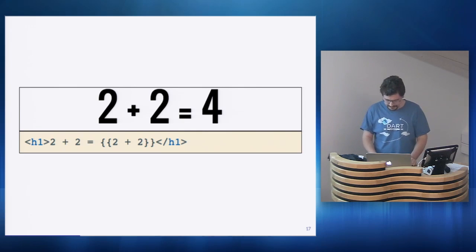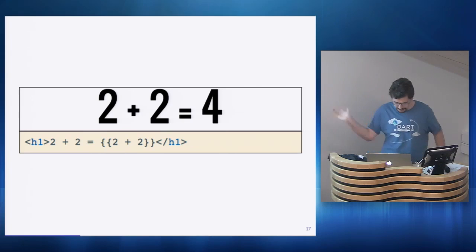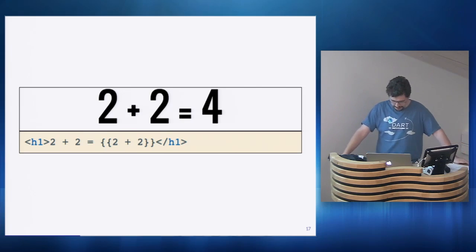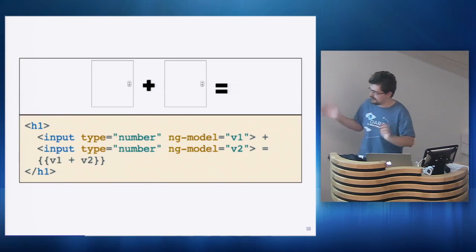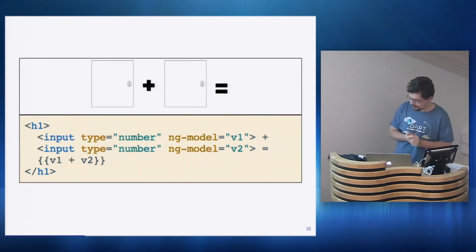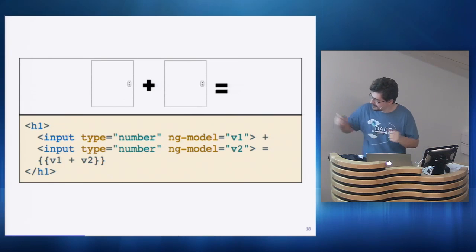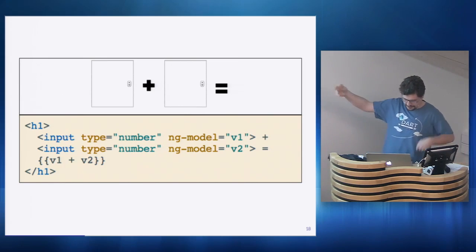But it's not very interesting, I mean, that's not Gmail quality or even a Twitter-style application, to add 2 numbers. So let's try something a little bit harder, like creating 2 number inputs, where this input goes to the model v1 and that one goes to v2, and then the result is the addition.